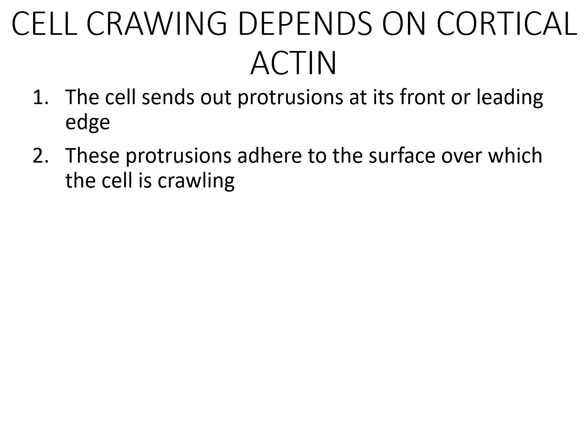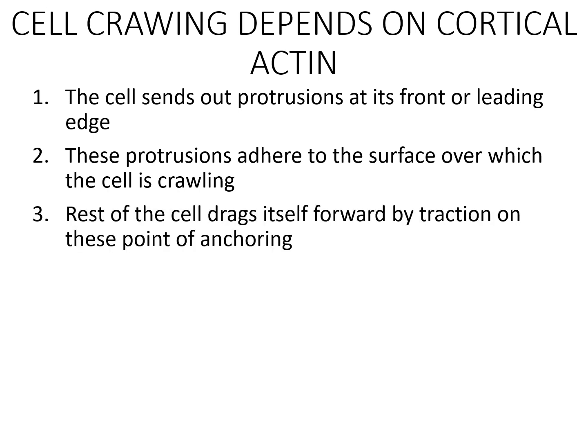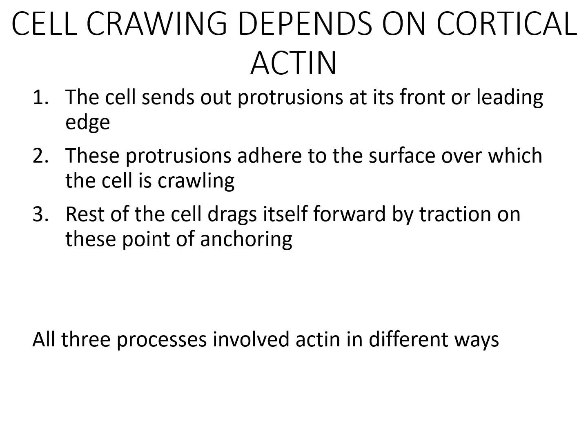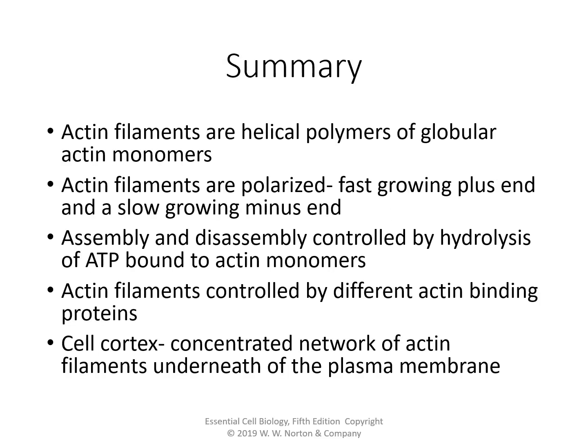They use different kinds of molecules to bind to the surface. Third, when they are bound to the surface, the rest of the cell can drag itself forward using traction at this point of anchoring. This way, the cell can crawl. All three of these processes involve actin in different ways, so cell crawling is supported by the actin cytoskeleton.